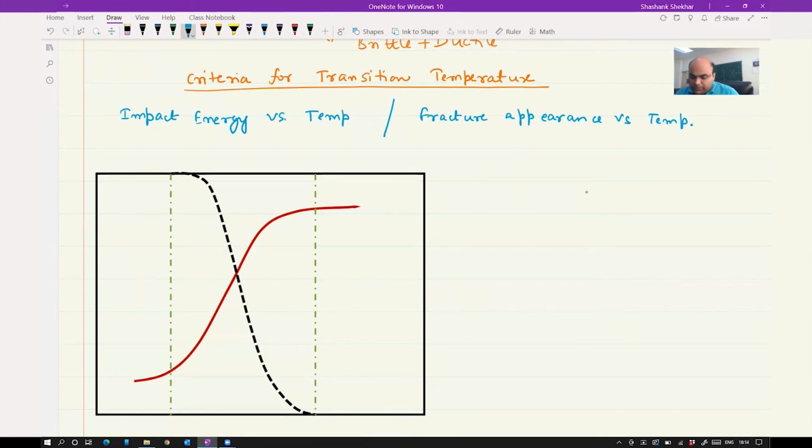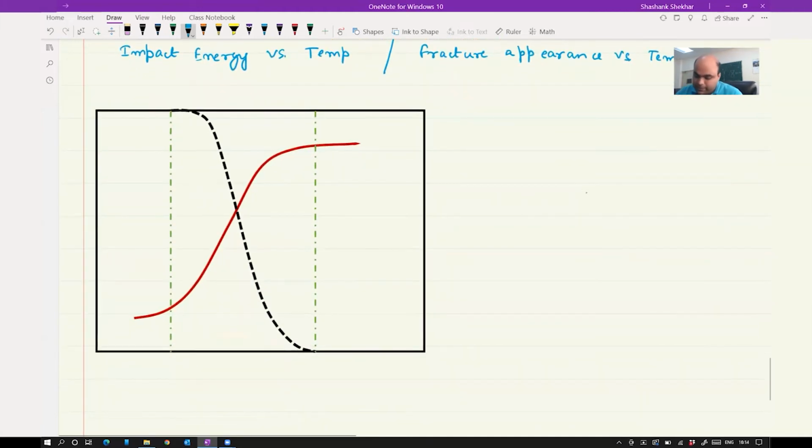So we'll use both of them. The red one we have seen before, right? It is fracture toughness, impact energy versus temperature. So the x-axis is always temperature here.